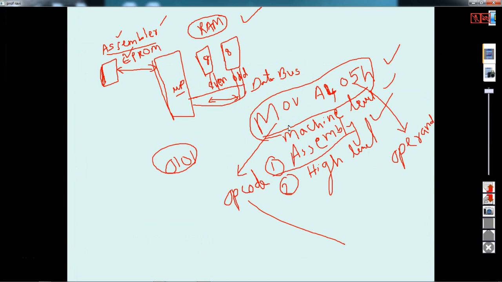So any instruction is of opcode and operand. Then your assembler will convert these instructions into machine level languages.